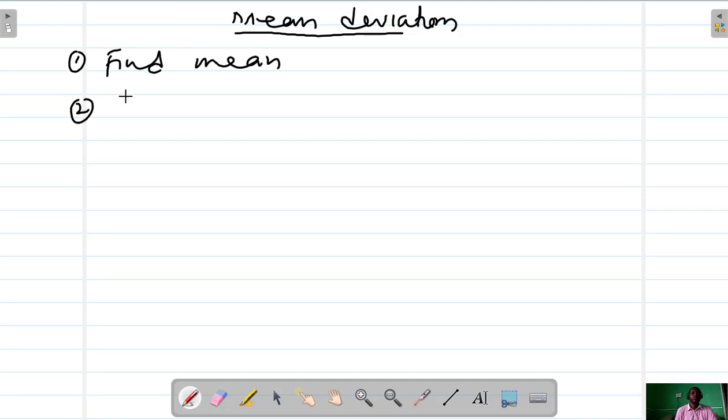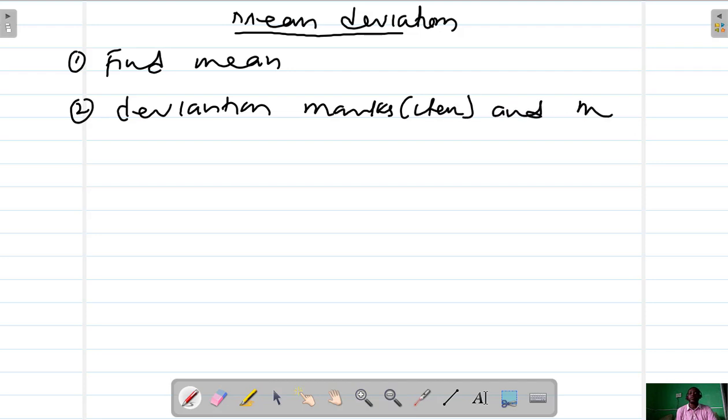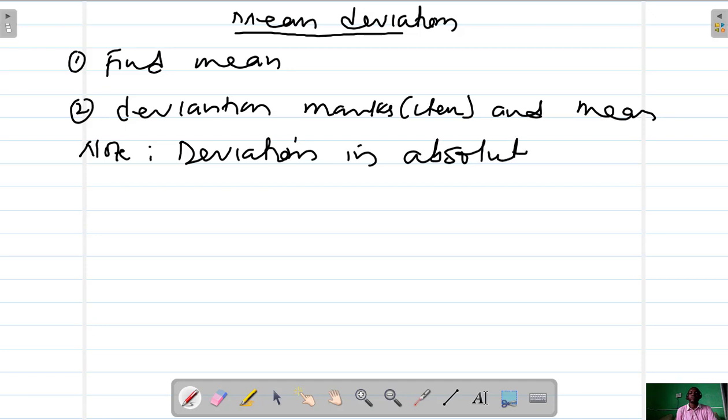then two, you find the deviation of the marks or items and the mean. And note that the deviations are in absolute terms.